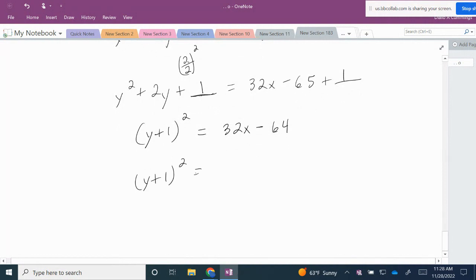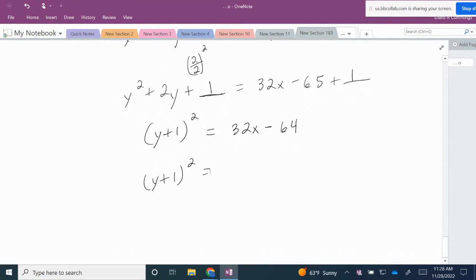The next thing I'm going to do is factor out a 32 on the right-hand side, just to show where this is headed. In the set of parentheses, I'm going to have x minus 2, right?